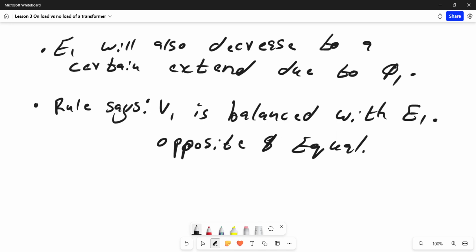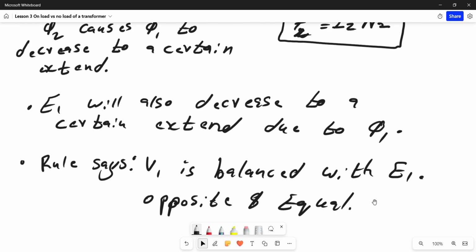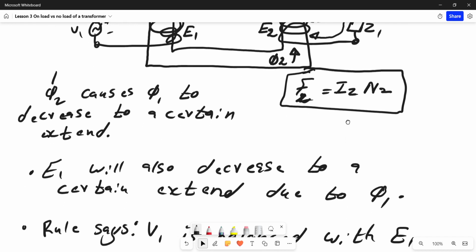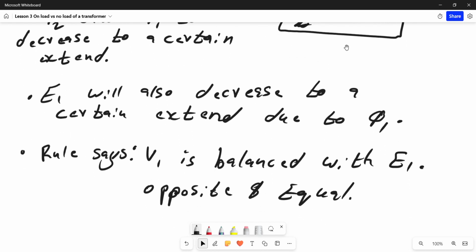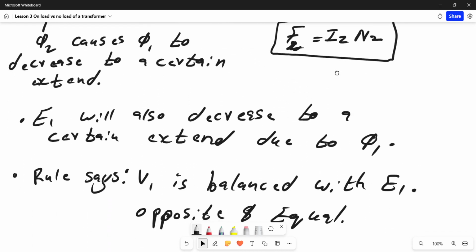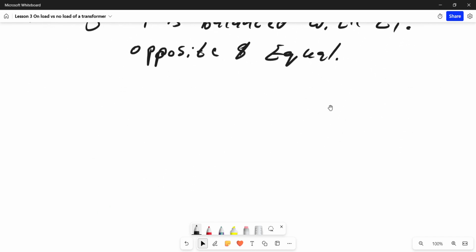So the decrease of E1 will trigger V1 to come up with a way to compensate or cover up for the decrease, so that it can correct the decrease that has happened and still balance with E1. But how does it do that? How will V1 react to that?